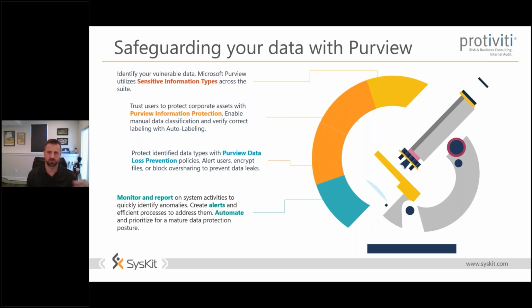One of the things I've seen a lot as a miss in deploying Purview is that last bullet point, which is monitoring and reporting, and this constant curation. There are operational processes that you need to put in place in regards to your Purview deployment that will help you safeguard your data. So as data evolves, as we get more data, we need to monitor and understand how data is being classified, and see if we need to adjust classifications, adjust our sensitive information types, adjust our DLP policies.